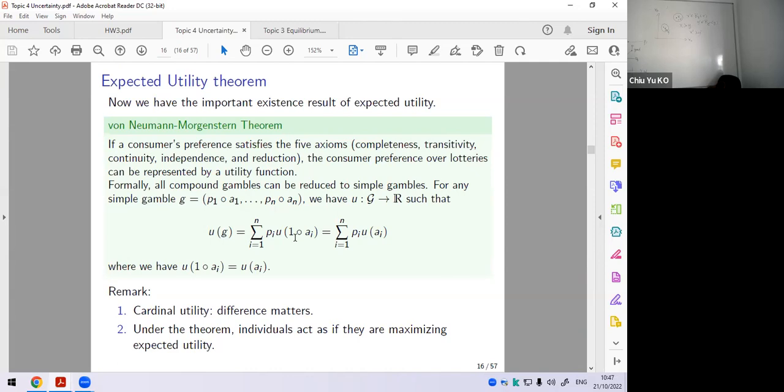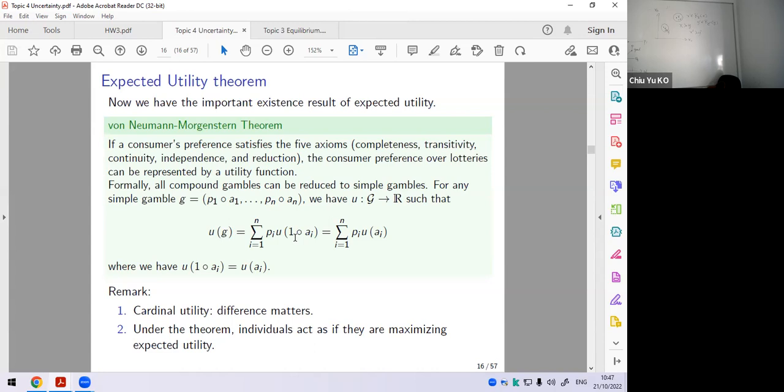The second one, which I also talked to some of you about during the break, is that people actually have some utility and maximize it. That is not what this theorem says. This theorem says the following: if you make decisions following this axiom or assumption, you would behave as if you have a utility and you maximize such utility.